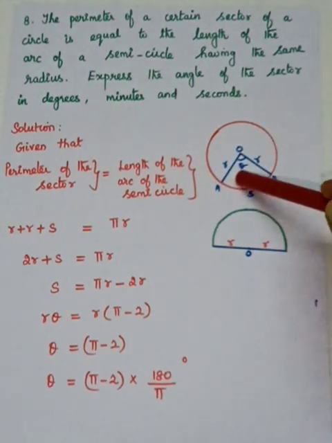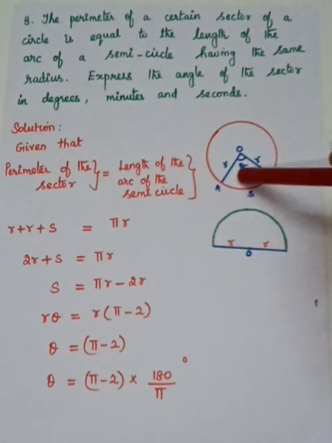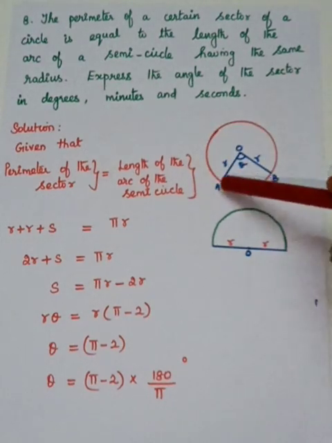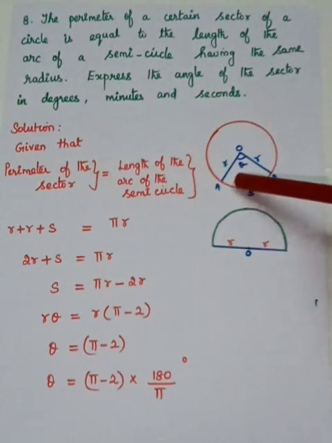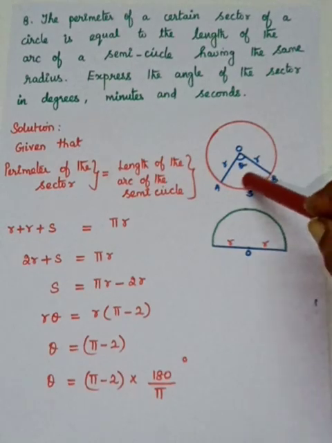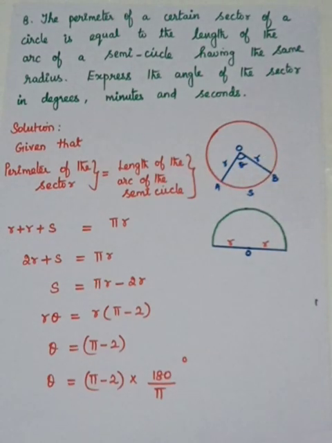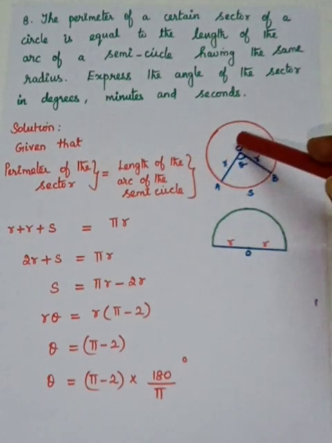Okay, the perimeter of a certain sector of a circle. So I have drawn the circle, and here I have taken a sector. In that sector, you have to find the perimeter. So what will be the perimeter of OAB? What is OA?